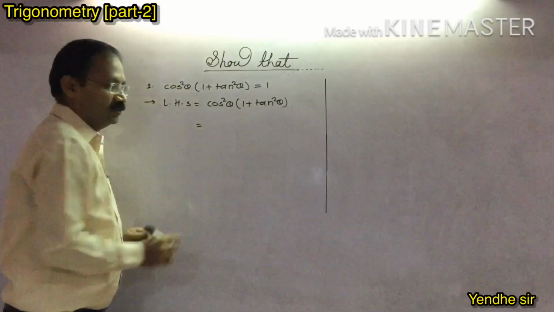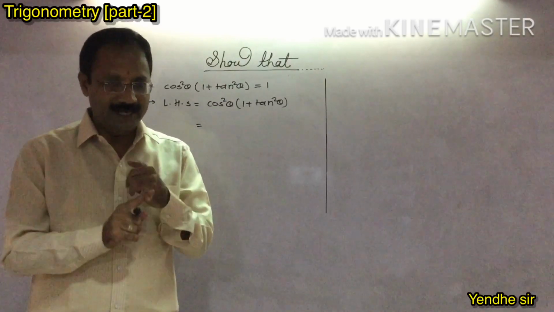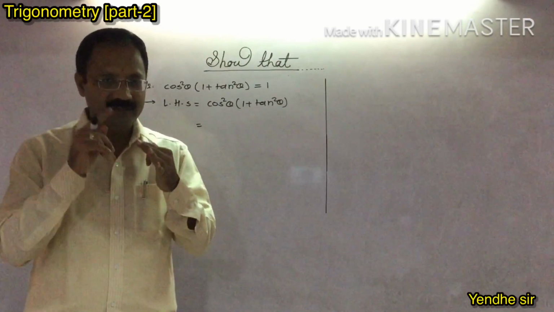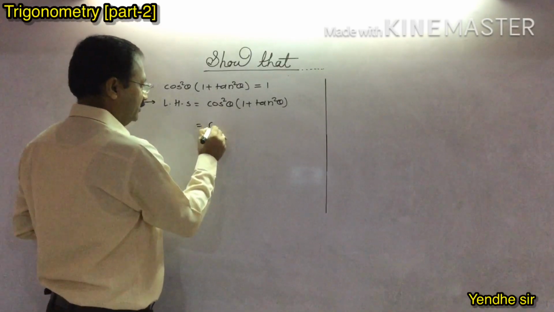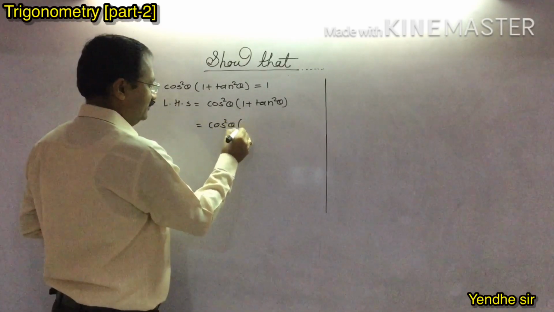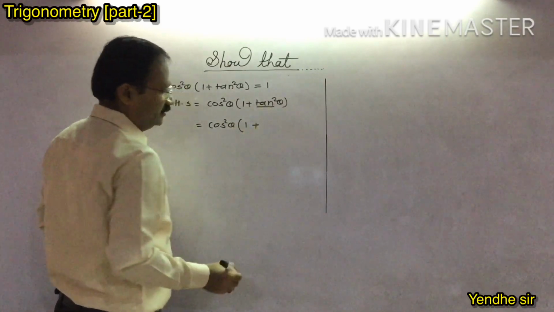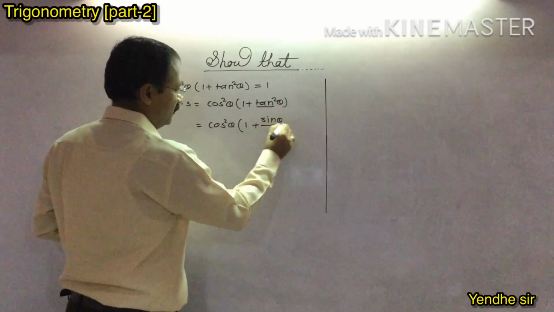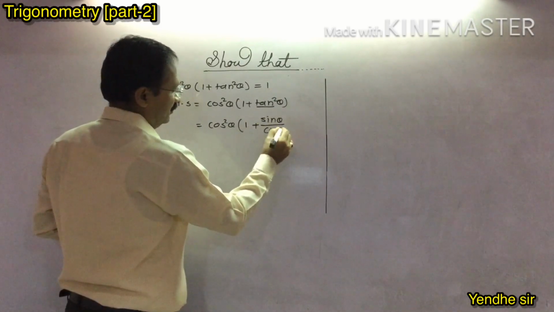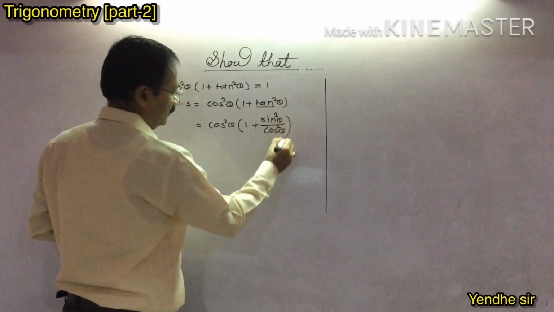Rule number 2, write the formula of tan, cot, sec and cosec. So cos square theta will be as it is, 1 will be as it is, and instead of tan, you have to write the formula sin theta upon cos theta. But it has a square, so you have to write the square of this one.